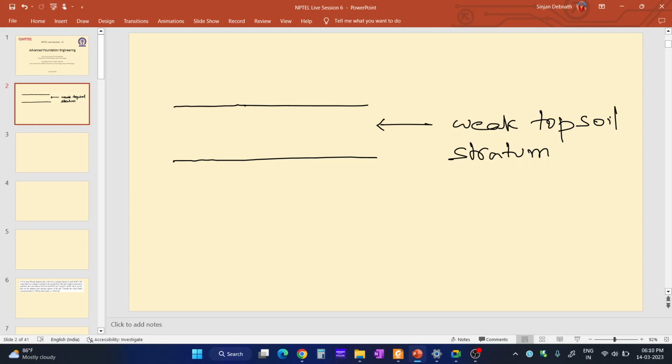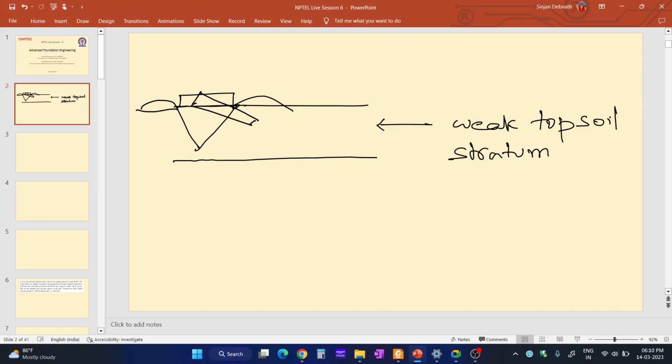If you just construct a shallow foundation here, there could be a bearing capacity failure, maybe a geometry failure like that. There will be bulging, all sorts of that. Maybe differential settlement. Maybe the shallow foundation may tilt also like this.